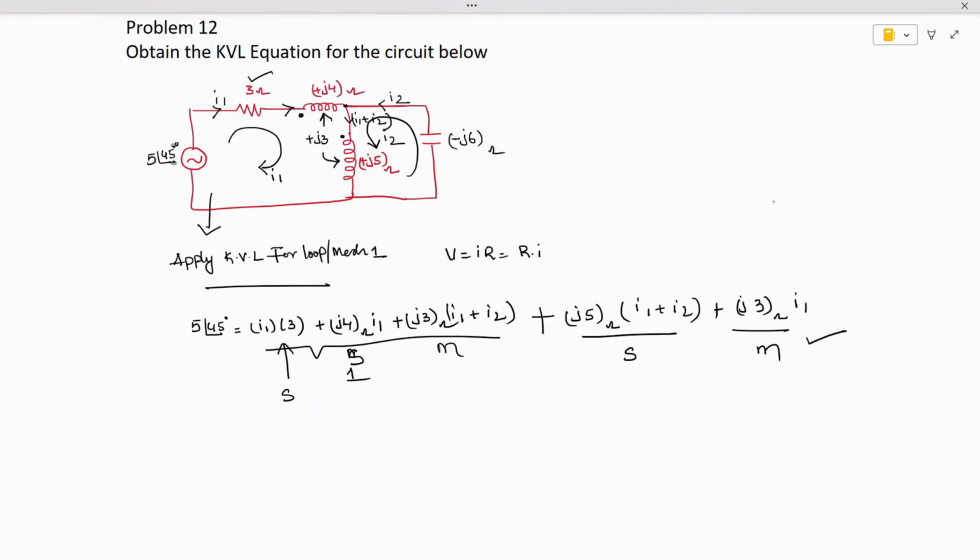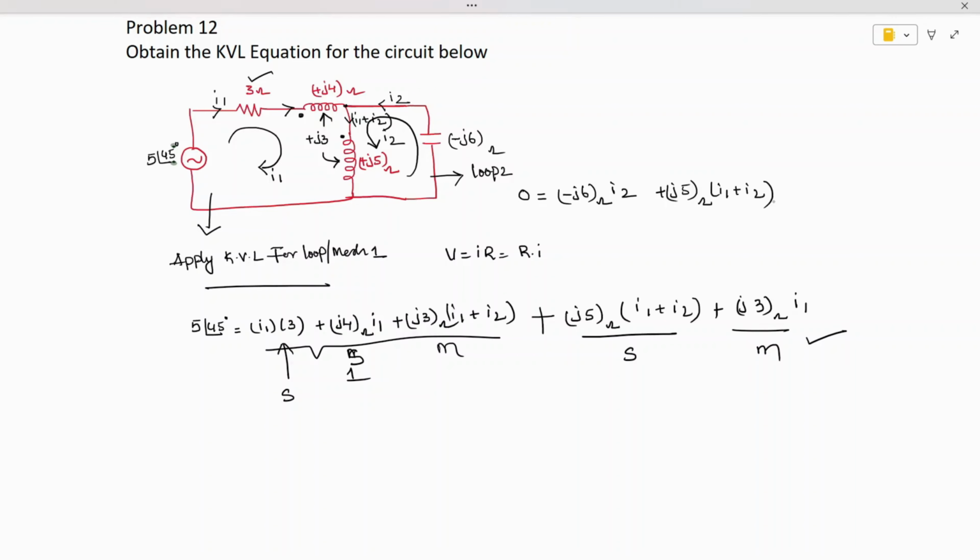So this is for loop 1. Now let's write down for loop 2. Apply KVL for loop 2 or mesh 2. There is no voltage source, so it has only resistance, and I can write minus J6 into the current I2, the self-inductance of this coil. Here you can see the self-inductance of this coil is plus J5 ohms with the current I1 plus I2.